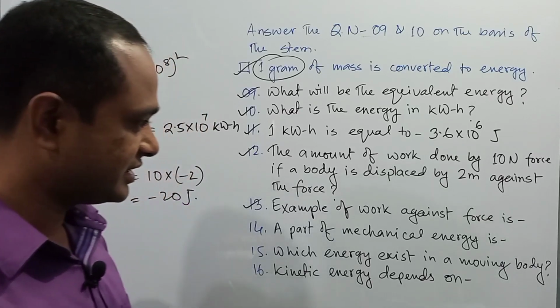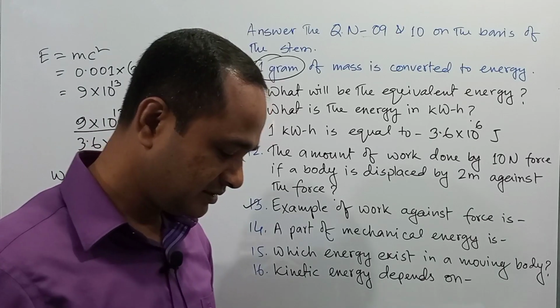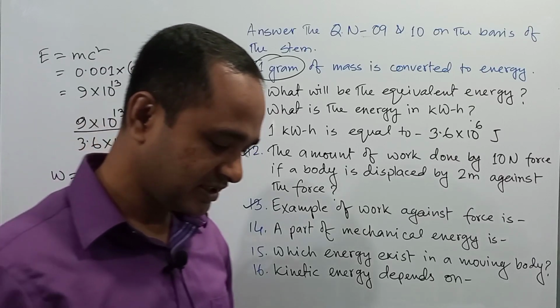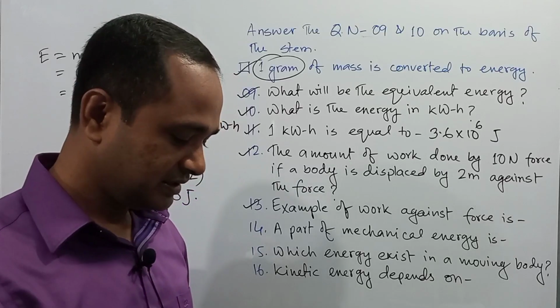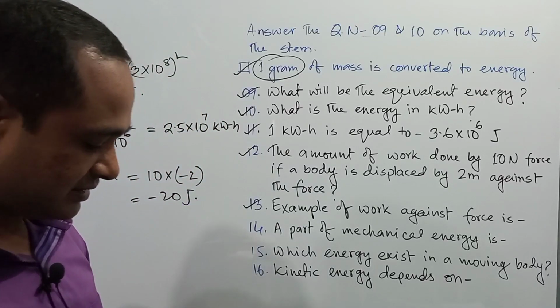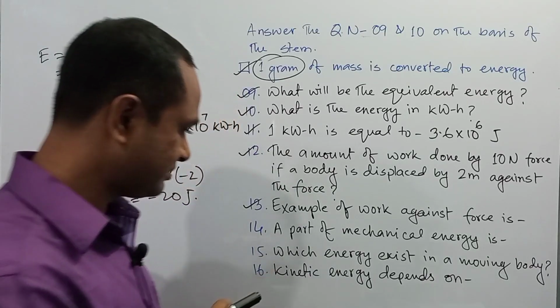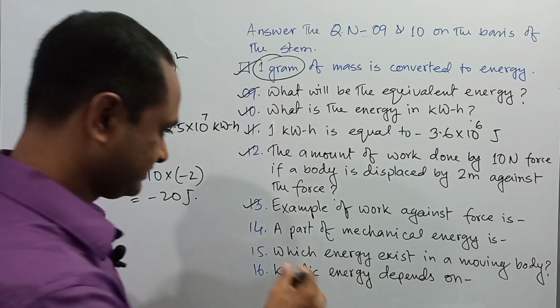Here the options are chemical energy, kinetic energy, electrical energy and magnetic energy. So from the given options we can say that the mechanical energy will be kinetic energy.